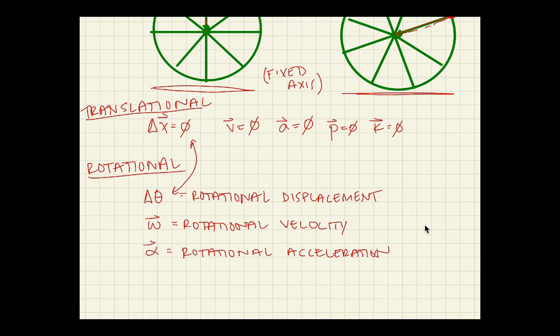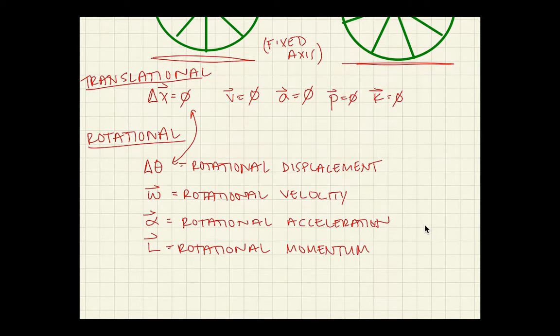If there's translational momentum, there must be some rotational equivalent as well. That's a capital L. That would be rotational momentum. And lastly, if there's translational kinetic energy, there's also a rotational kinetic energy.